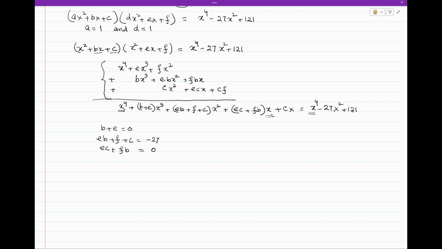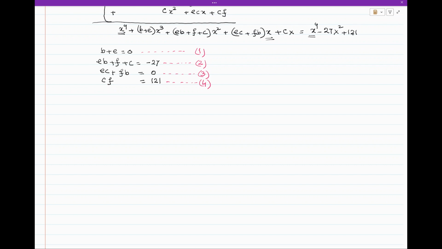Finally, by comparing the constant terms, we get cf is equal to 121. Let us give a name to the equations. This is equation 1, this is equation 2, this is equation 3, and this is equation 4.